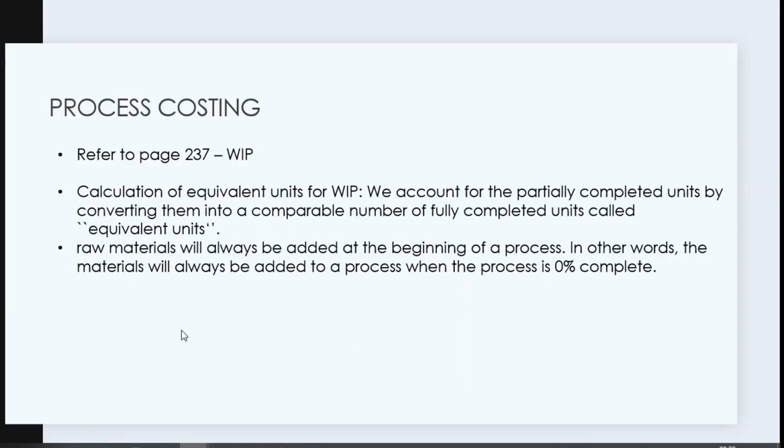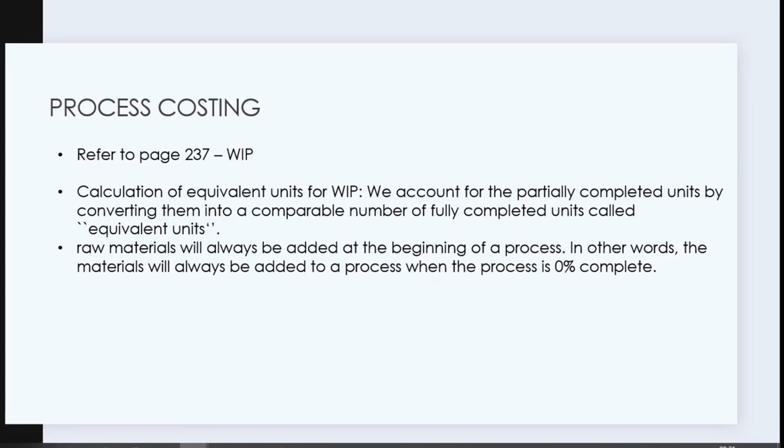So continuing with the slides, calculation of equivalent units for work in process. I'm just going to say WIP going forward. We account for partially completed units by converting them into a comparable number of fully completed units called equivalent units.